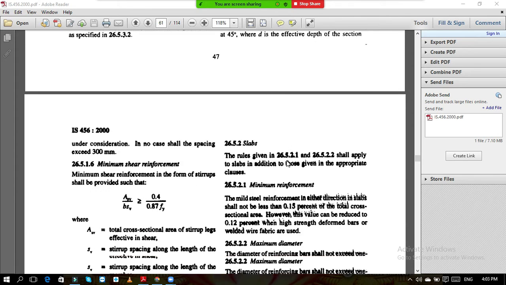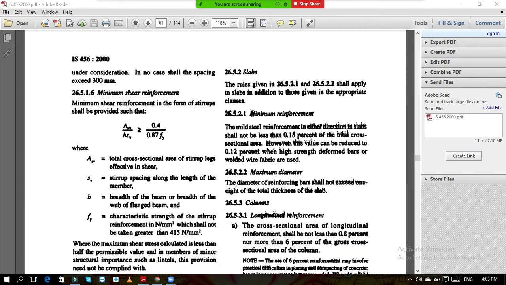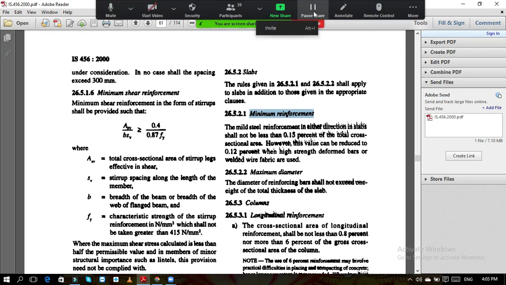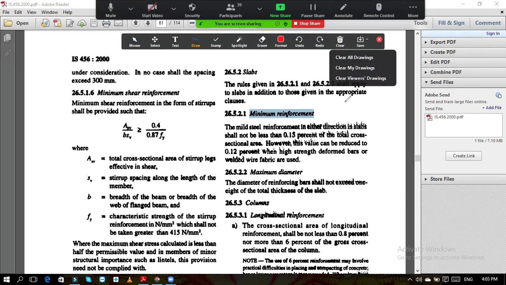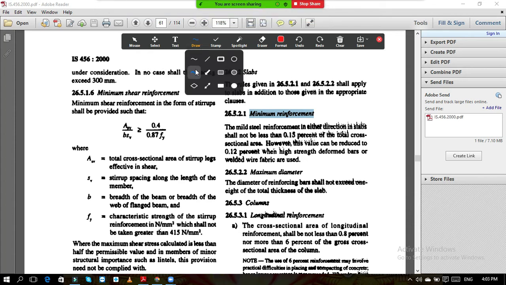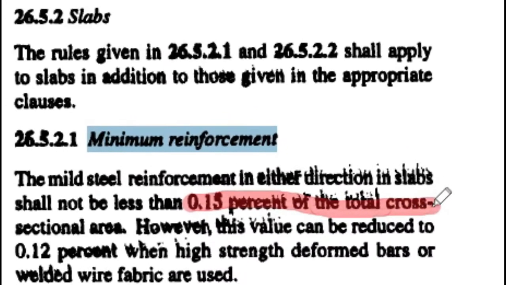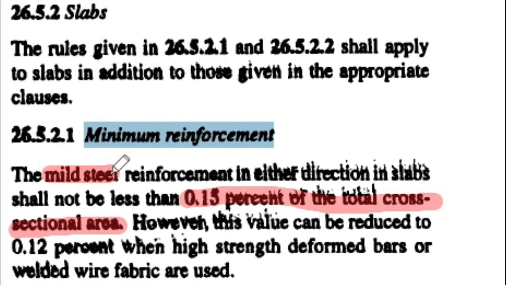Even though I know that clause, see here, this is the clause, minimum reinforcement. What does the clause say? The mild steel reinforcement in either direction shall not be less than 0.15% of the total cross sectional area, the total gross area, when mild steel is used.